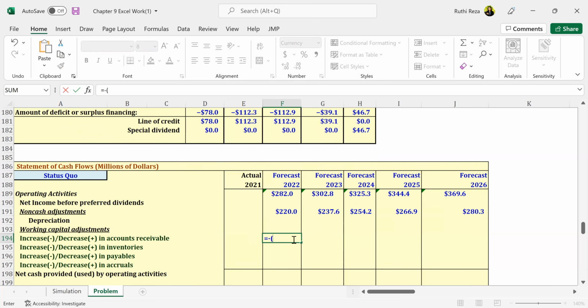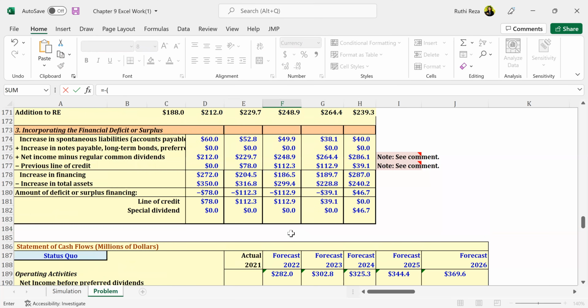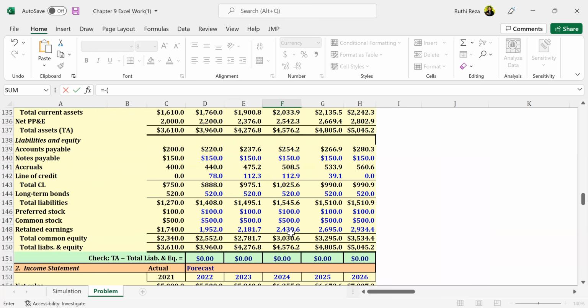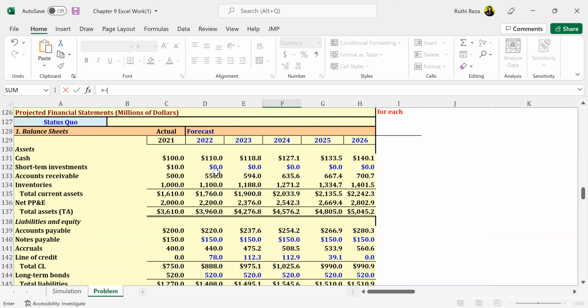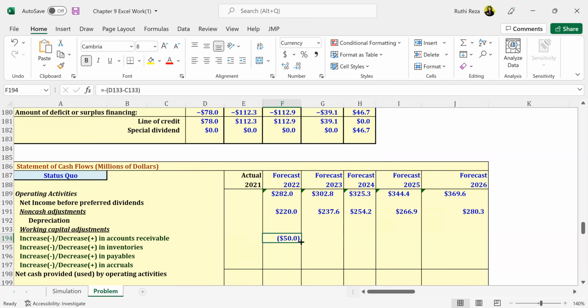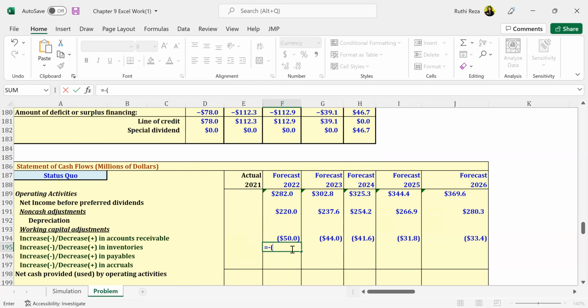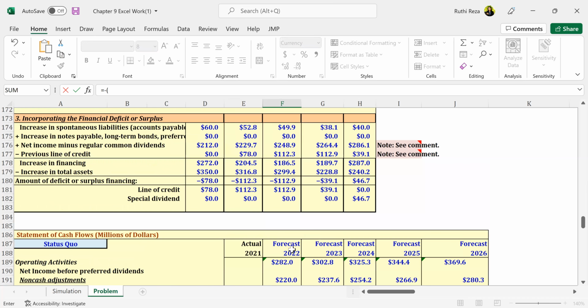So negative, minus increases in accounts receivables. The same way, positive increase in inventories should be negative, because it is actually reducing your operating cash flows.